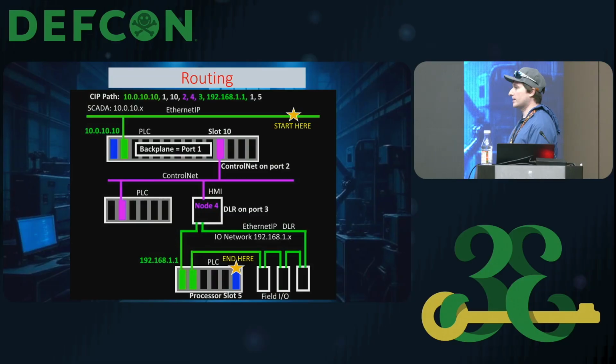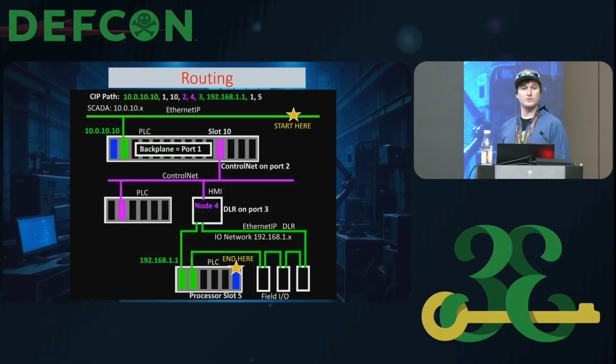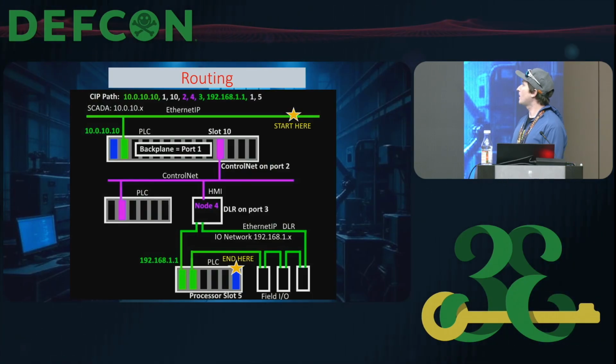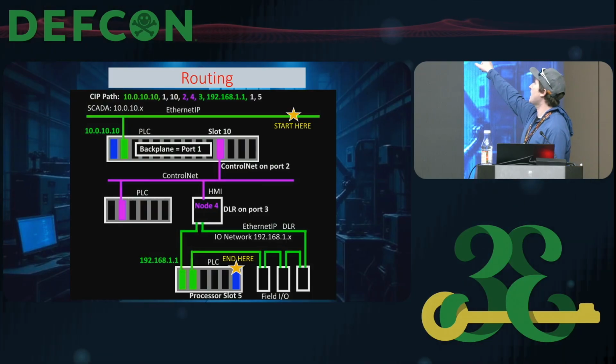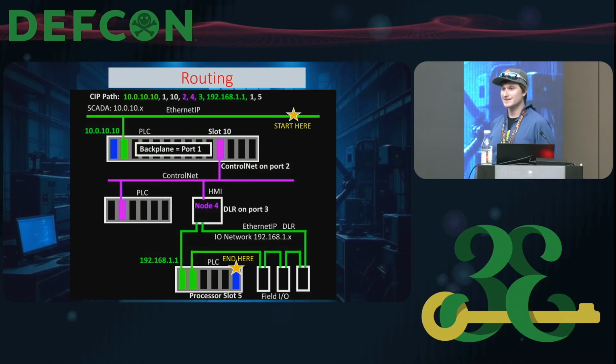So let's talk about routing, because routing in CIP is one of the things that makes it super fascinating. CIP, because it is different types of networks, not just Ethernet, has mechanisms in it to allow it to be backwards compatible with its predecessor networks. So here on the top, I have a CIP path. You can see IP addresses in there. That doesn't really look like a normal web path, does it?